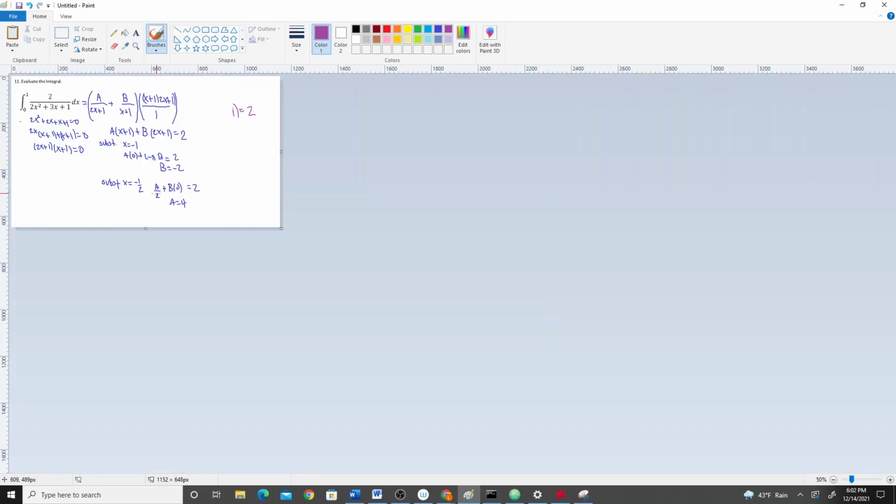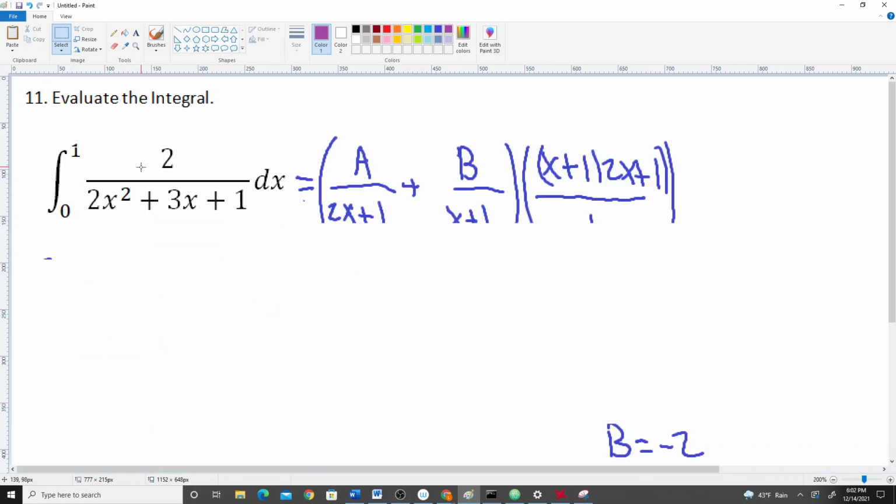Alright, we're ready to plug that back into what we found in the beginning, the partial fractions. So A is 4.